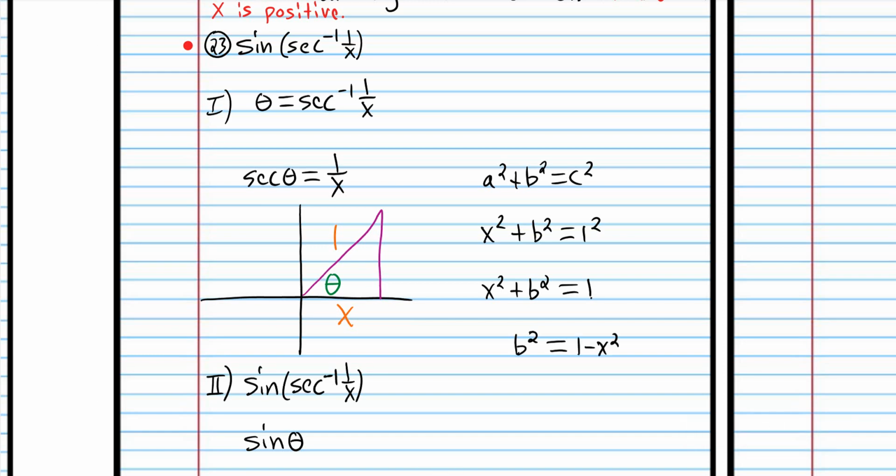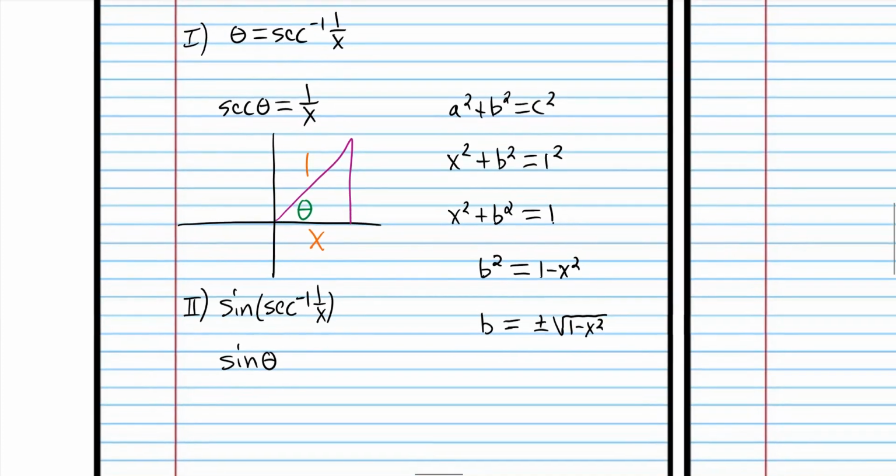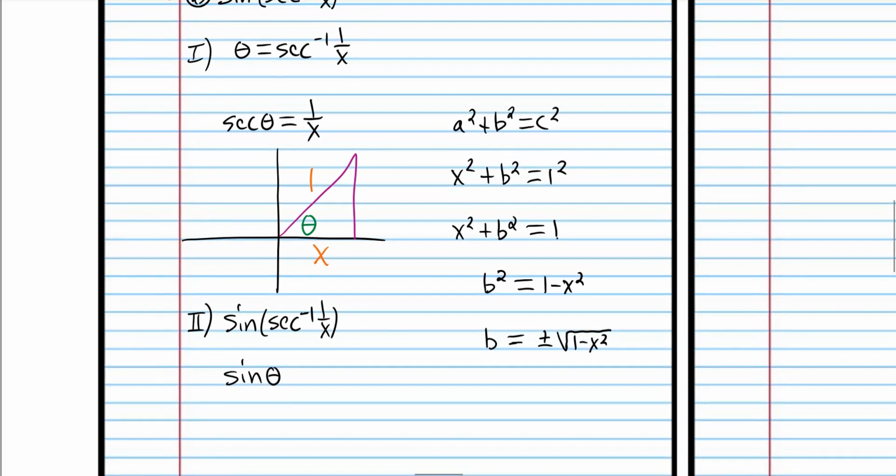And then we're going to square root both sides, so b is equal to, and remember, whenever you square root both sides of an equation, you have to write a plus or minus symbol. So b is equal to plus or minus the square root of 1 minus x squared, but this side is above the x-axis. We know the triangle is in the first quadrant, so that means b must be positive.